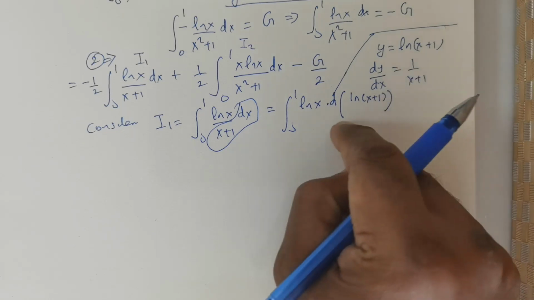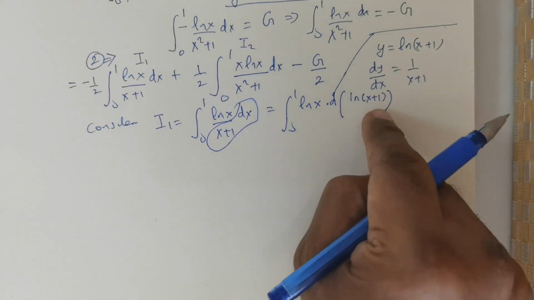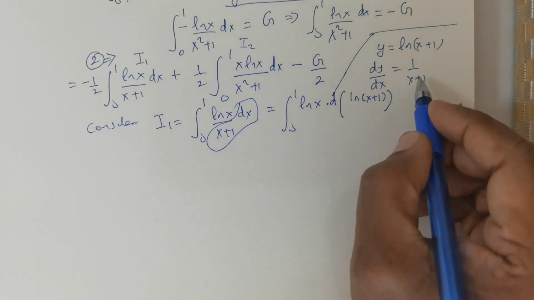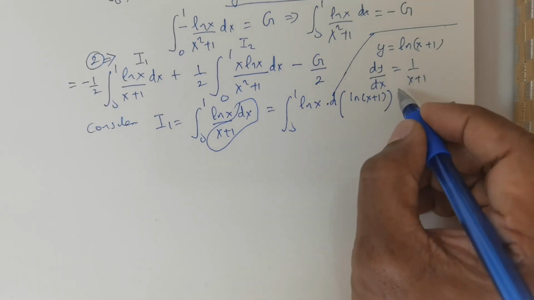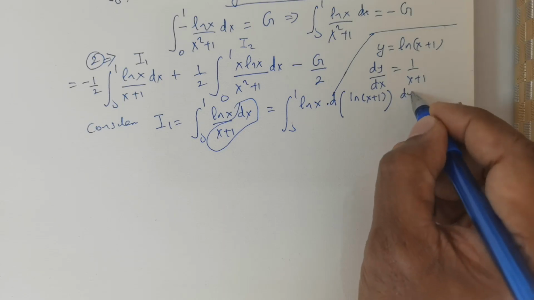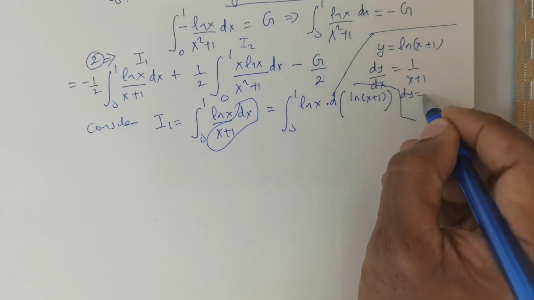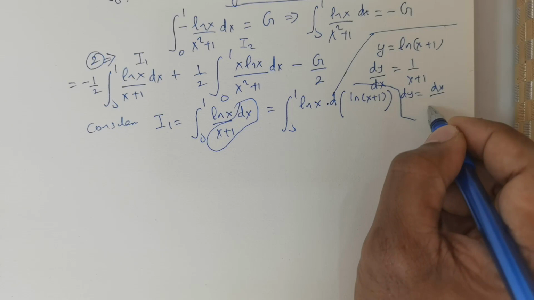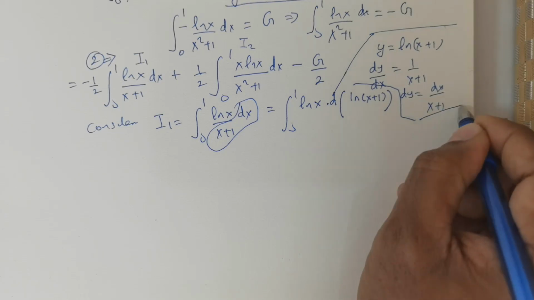Do you agree with me? That means I am applying the differential operator to this. This would give me 1 over x + 1, and since I am differentiating this, I can always rewrite this as dx over x + 1, right?